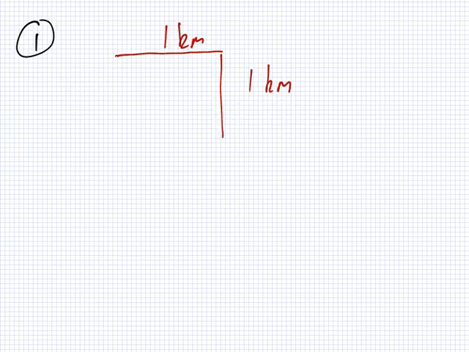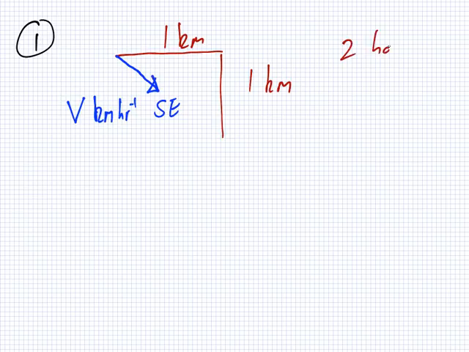So the average velocity would be southeast. I said the average velocity would be v kilometre per hour southeast. And we also know that this takes 2 hours.